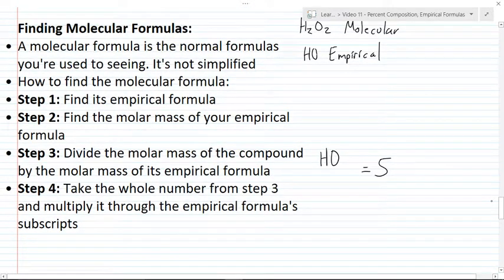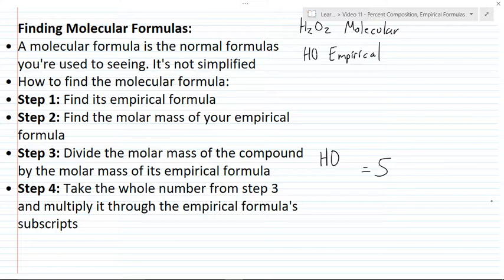Molecular formulas are basically empirical formulas with an extra step. So what we first want to do is literally repeat that process and find our empirical formula. And then the next thing we want to do is find the molar mass of our empirical formula that we just got.